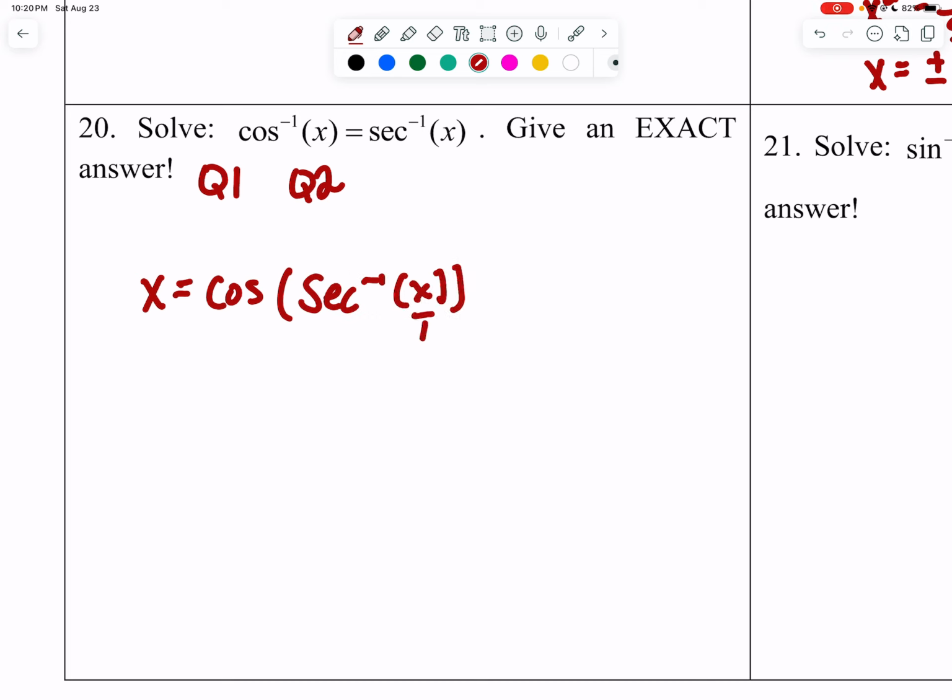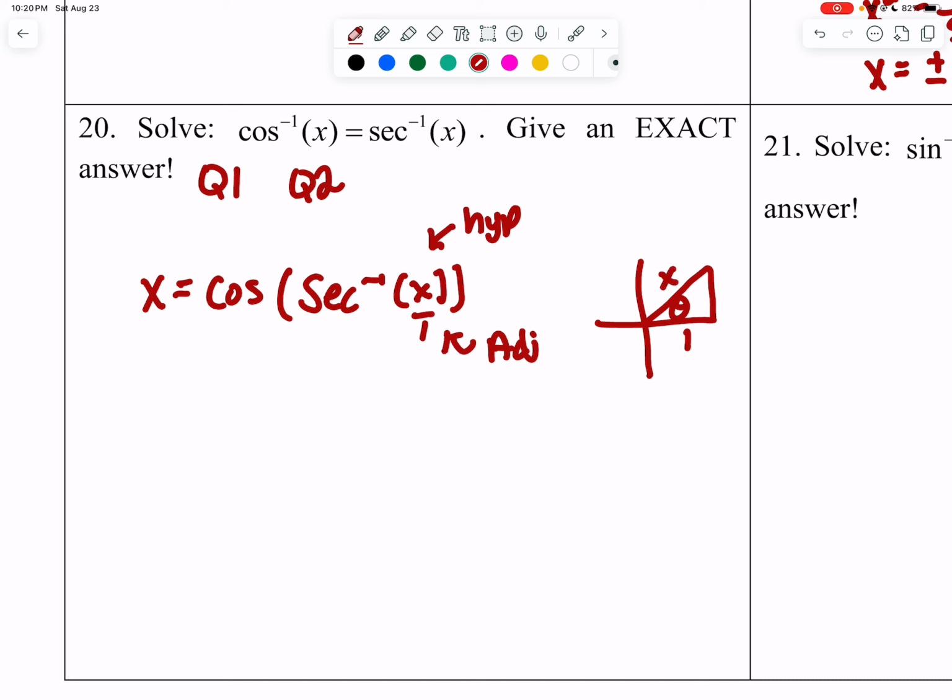I'm going to rewrite that fraction to be x over 1 so that I know that this is my hypotenuse. And then since this is cosine, cosine is adjacent, this is going to be adjacent. Making my little triangle right here, I'm going to have 1 and x.